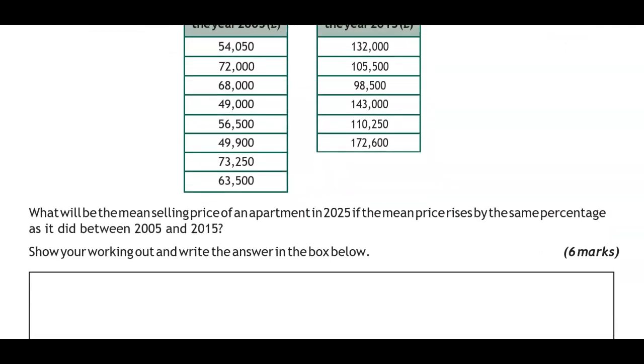What will be the mean selling price of an apartment in 2025 if the mean price rises by the same percentage as it did between 2005 and 2015? Show your working out and write the answer in the box below.